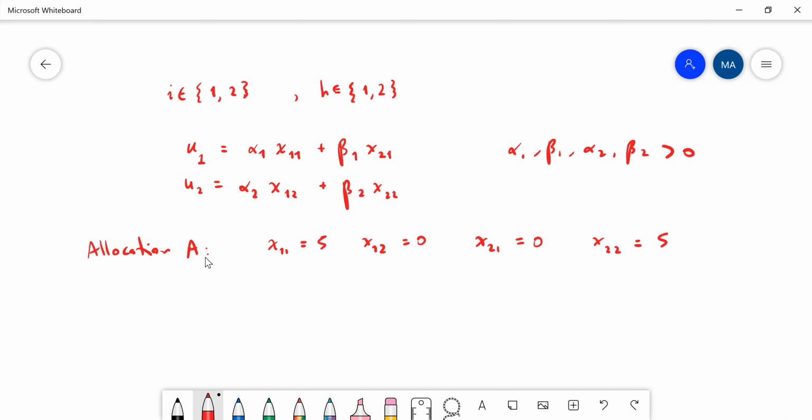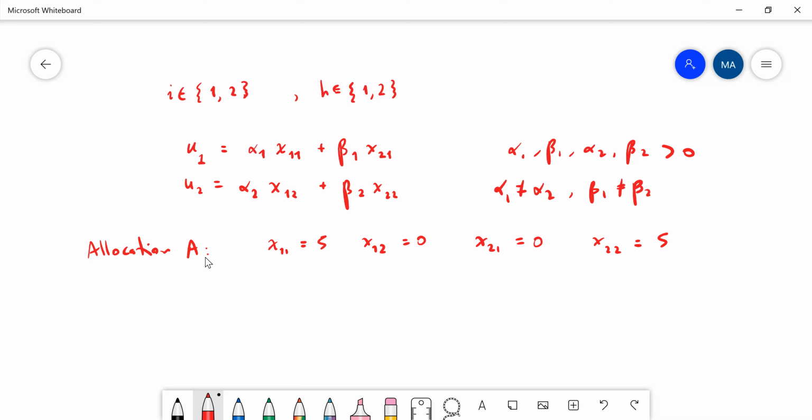Okay? So the first consumer consumes only the first good. The second consumer consumes only the second good. All right? But as you see now, utility functions are different because these parameters are different, right? Alpha 1 is generally different than alpha 2. Beta 1 is generally different than beta 2.